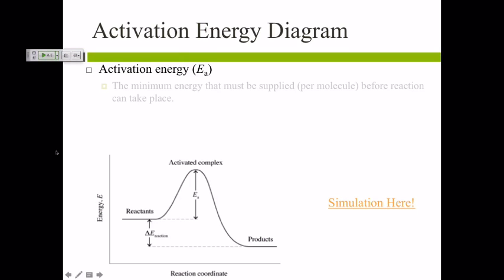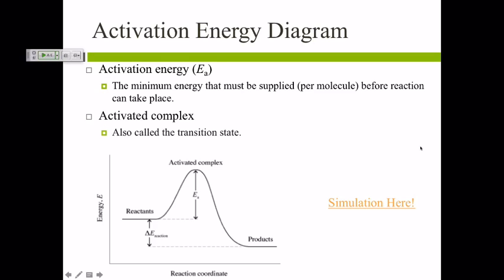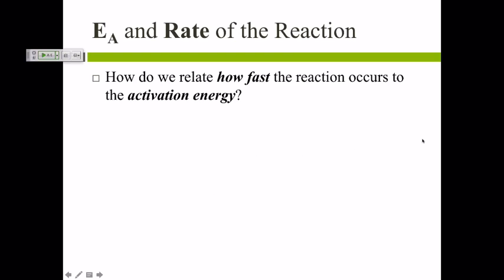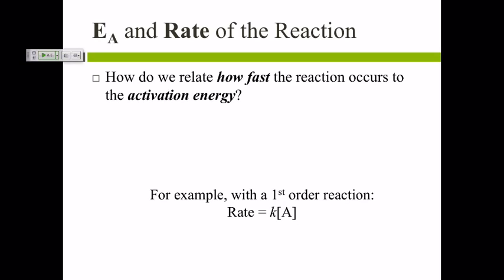All right, so we have activation energy and the rate of a reaction. With all of these equations we've been using so far, we have not yet shown how activation energy directly affects the rate of a reaction.